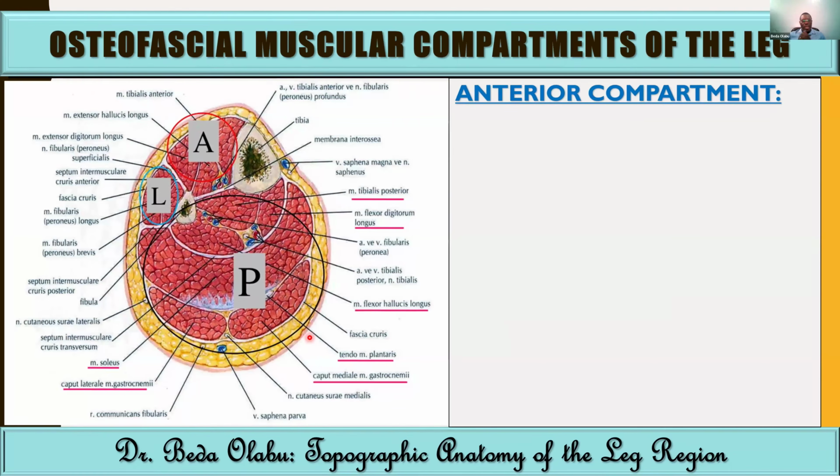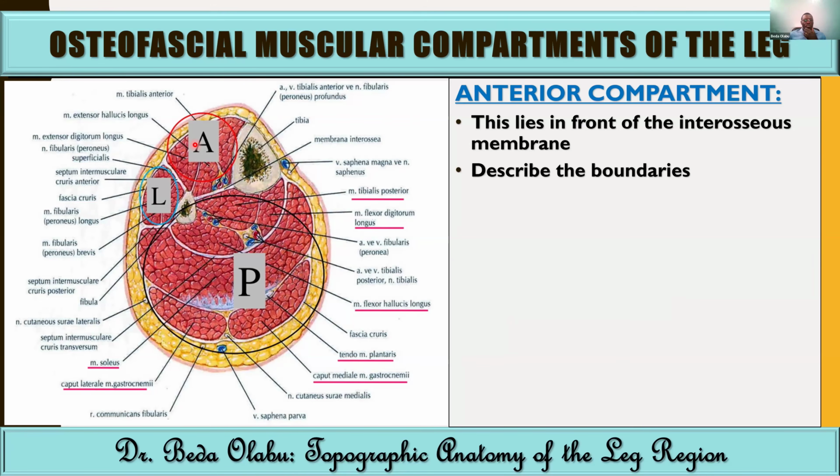Let's begin with the anterior leg compartment, labeled A there. The anterior leg compartment is the compartment that is in front of the interosseous membrane of the leg. We can describe its boundaries. Posteriorly, we have the interosseous membrane.